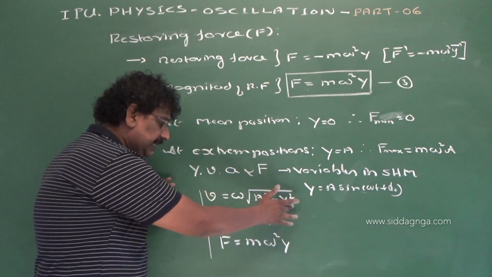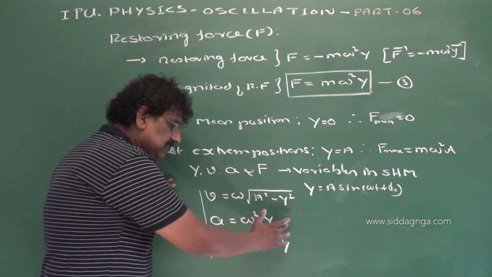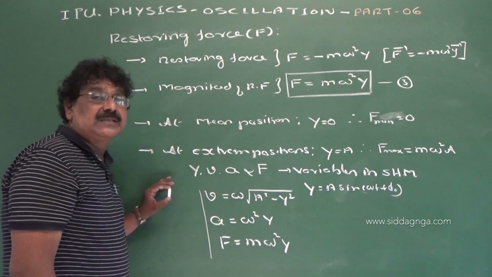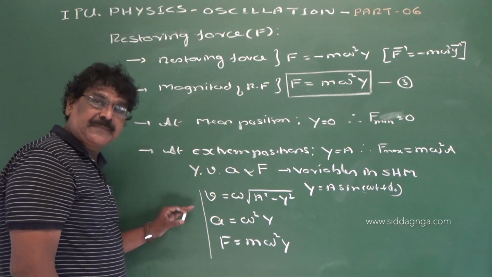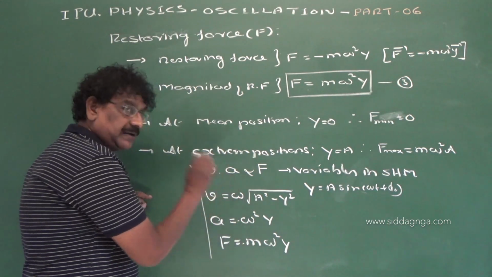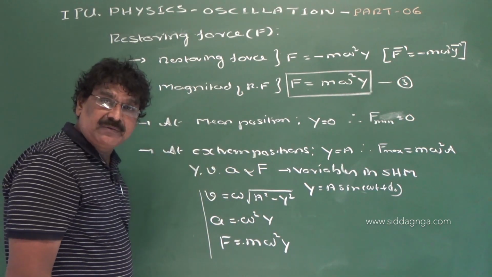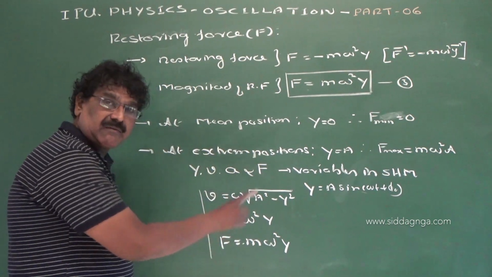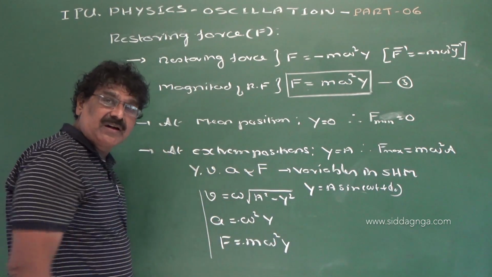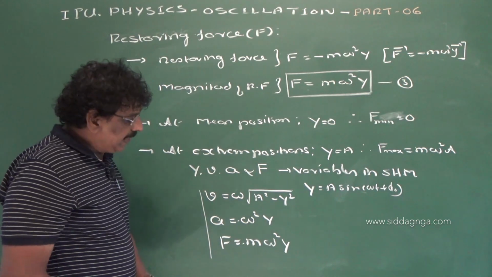Velocity depends upon displacement, acceleration depends upon displacement, and even force depends upon the displacement, right. Is that clear? Here we have a negative sign, here we don't have a negative sign, because these two are always directed towards the mean position. Such a condition is not there for velocity, right.